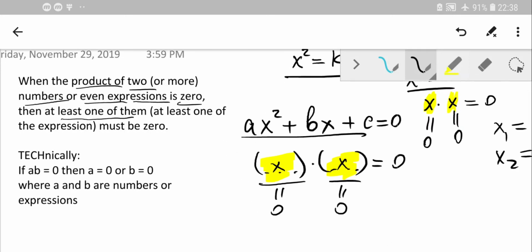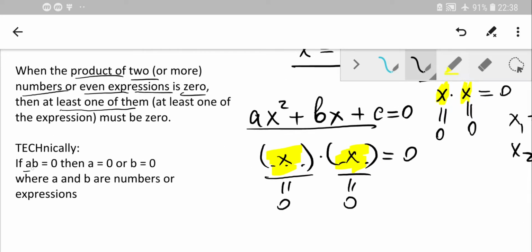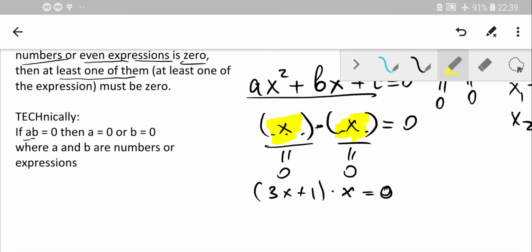So technically it means that if we have a times b, two factors, no matter what stands in place of a and b, there might be whole expressions, let's say 3x plus 1, for example, times just a single term x, and the result is 0. This is what is known as a, and this is b. So we have a times b, and the result is 0.